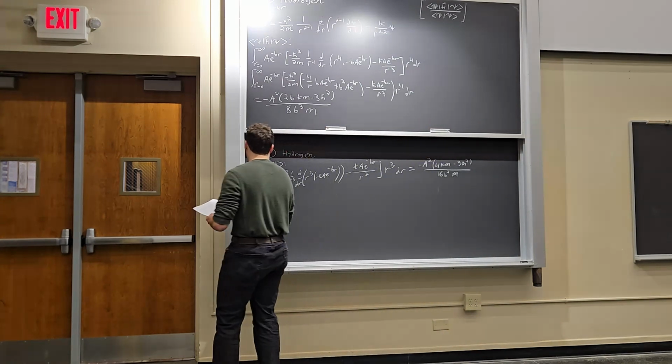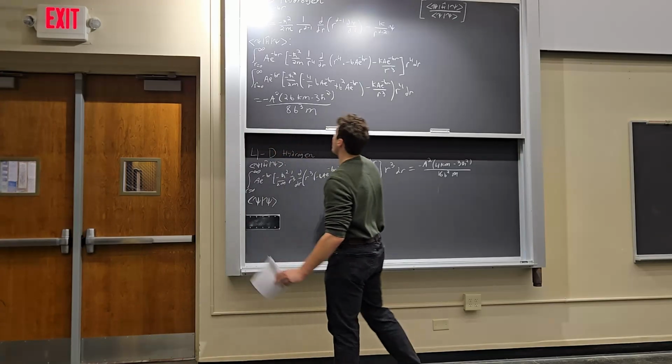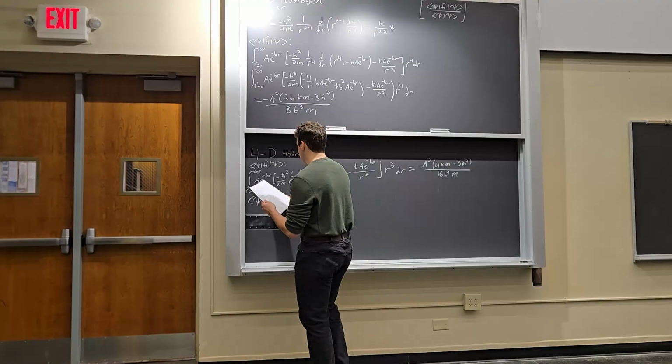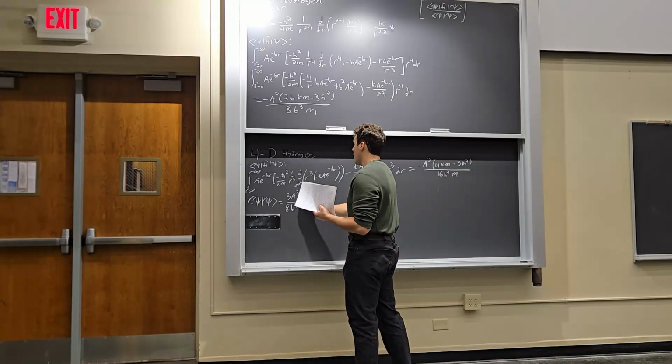Now, we can figure out this product again, except the only difference is that we're doing it with an r cubed instead of an r to the 4th term. So this whole integral evaluates out to be 3h squared over 8 times b to the 4th.